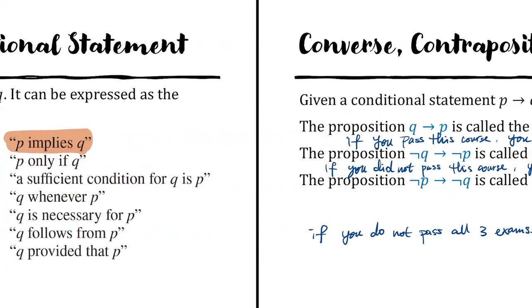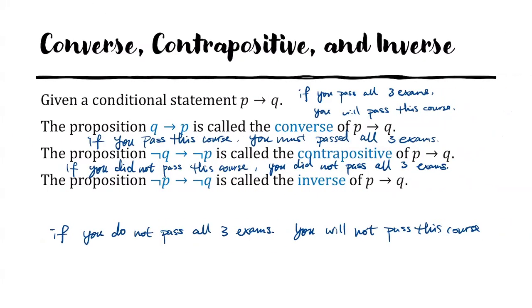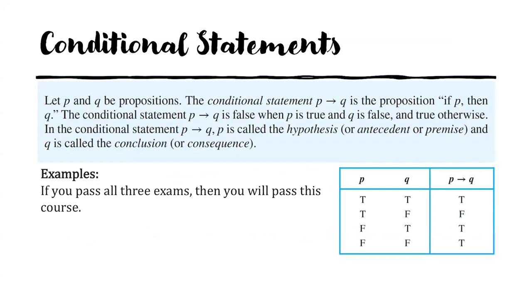So if you look at the chart here, P implies Q is only false when P is true and Q is false.